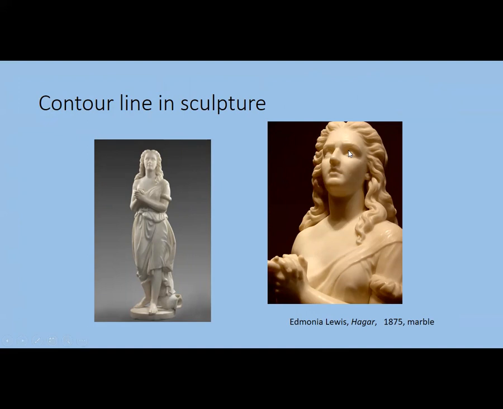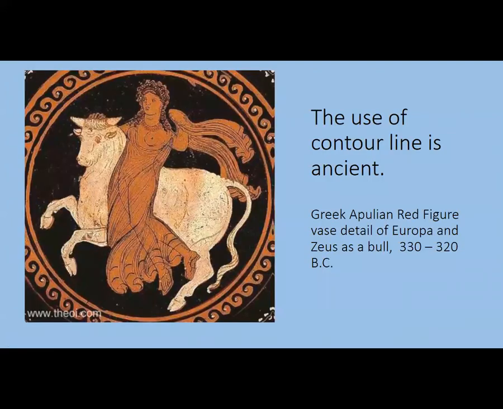Now, even though a sculpture is actually 3-dimensional, the use of line on the sculpture, like the lines in this woman's hair, Hagar by Edmonia Lewis, these are contour lines showing wrinkles, and it makes that already 3-dimensional figure look even more 3-dimensional.